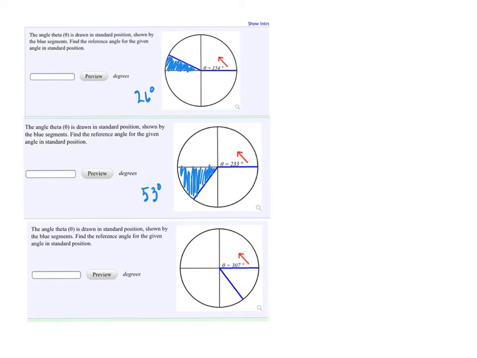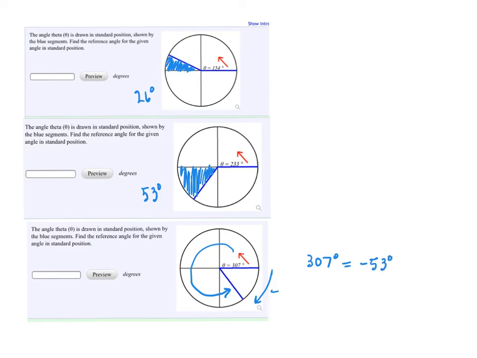In the last example, 307 degrees, so I'm going clear around in standard position to 307 degrees, which, by the way, is the same as a negative angle. 307 degrees is the same thing as a negative 53 degrees.